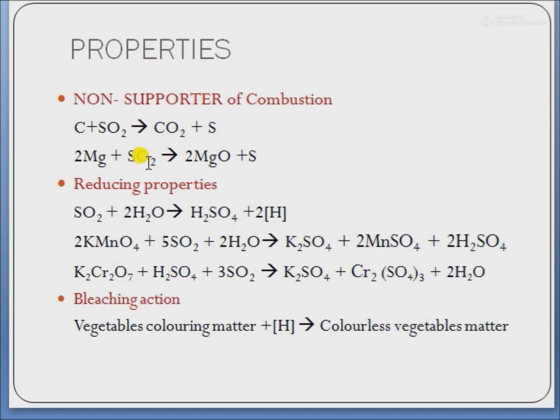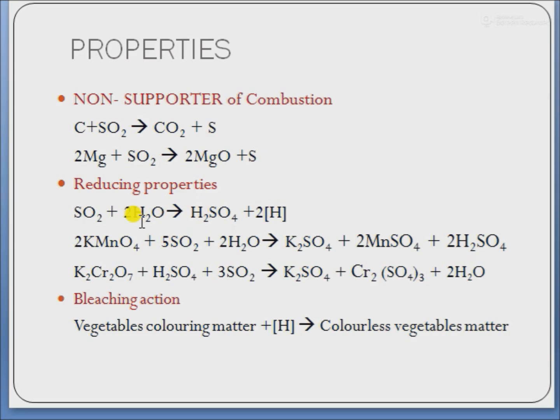Magnesium plus SO2 gives magnesium oxide plus sulfur. This is due to the reason that the high heat of reaction dissociates sulfur dioxide to sulfur and O2, and the O2 thus helps combustion.